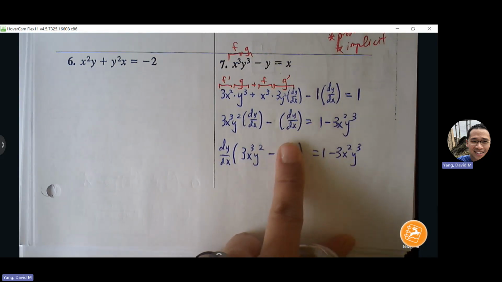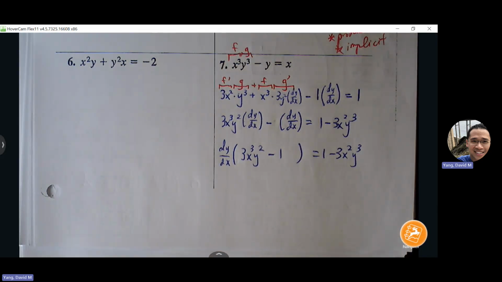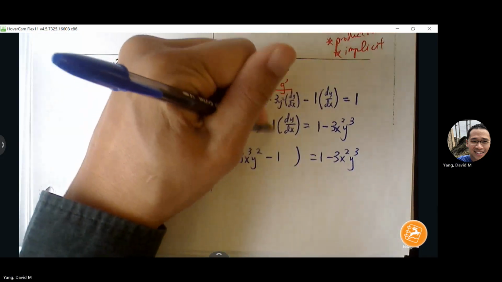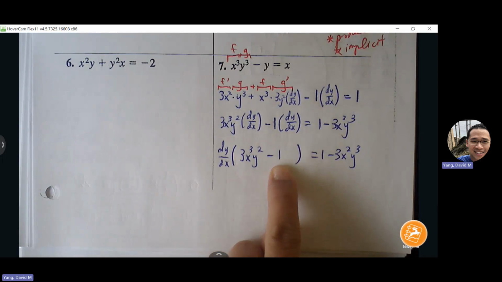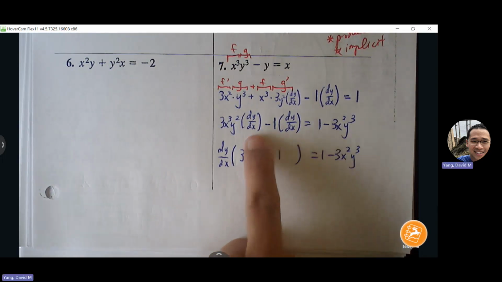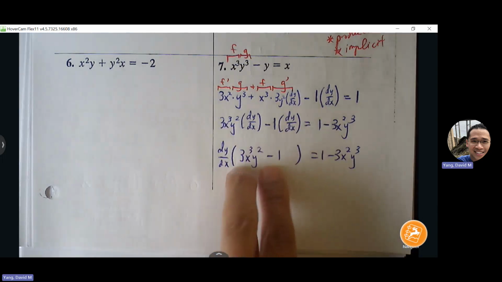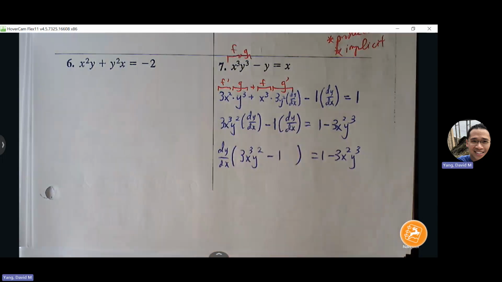It doesn't disappear. There's still a 1 there. I find that to be really helpful. I'm factoring dy dx from 2 terms, so there need to be 2 terms left over inside the parentheses. Does that make sense? Okay, so now divide that parentheses over, and I have my dy dx.